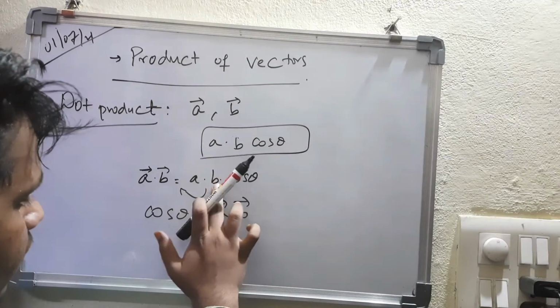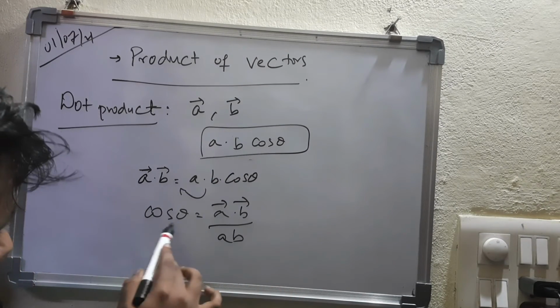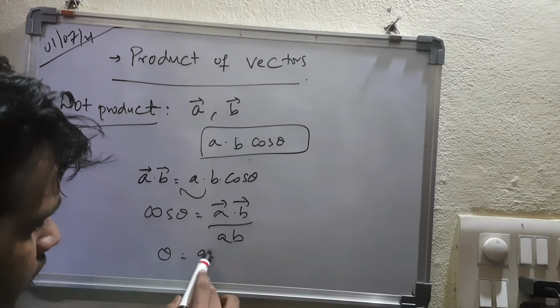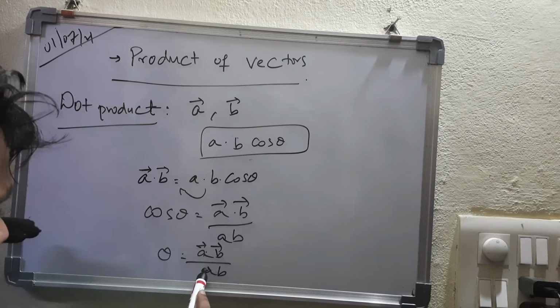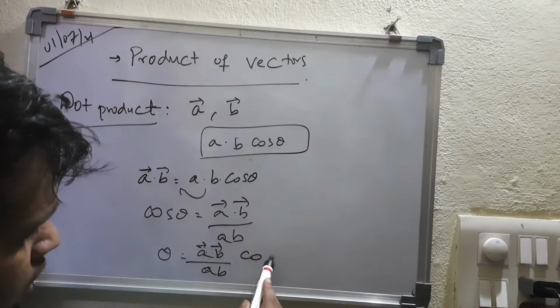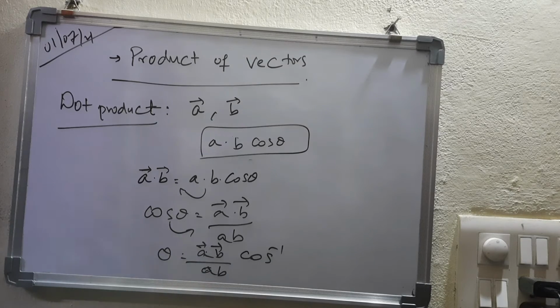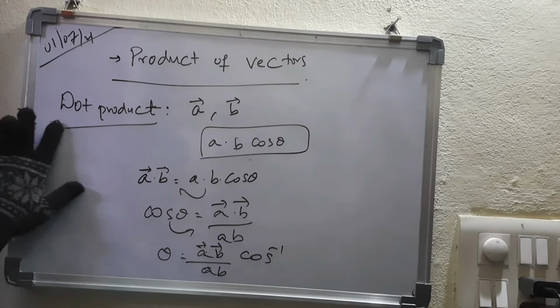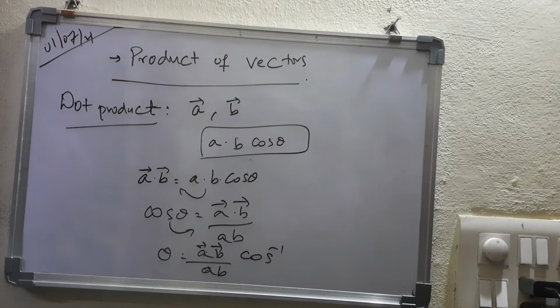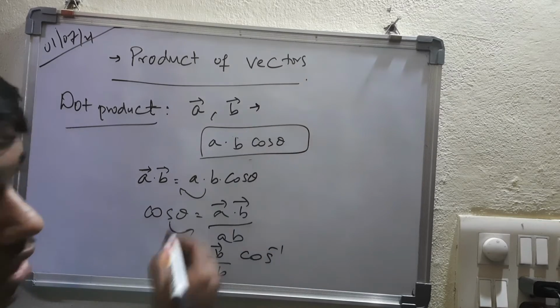Now if you want theta, theta equals cos inverse of A dot B by AB. If you send cos this side, it becomes inverse, right? This is the dot product of vectors.